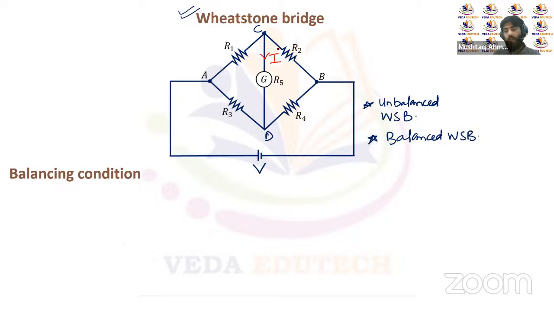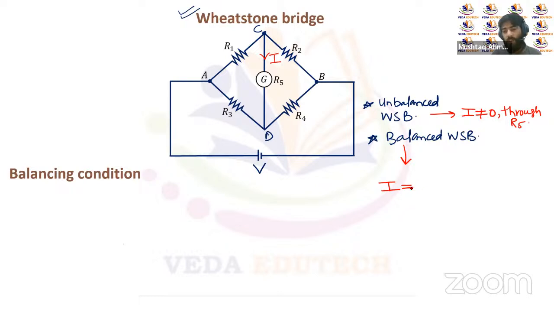Similarly, we can say that in this case, unbalanced means I is non-zero through R5, right? And in the case of a balanced Wheatstone bridge, there occurs a condition at which the current through the R5 resistor becomes zero.